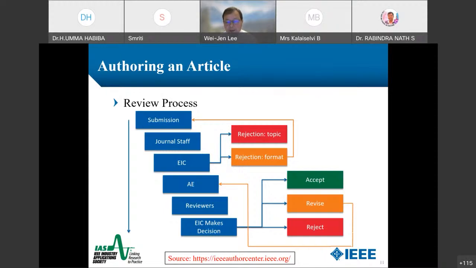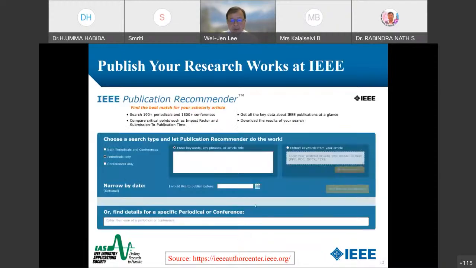If revision is requested, the author has to look at the reviewers' comments and suggestions, make the necessary corrections, and come back to the associate editor for further review. Sometimes after two or three reviews, the paper will be accepted or rejected, because if the associate editor doesn't see big improvement, the associate editor can recommend to reject the paper.